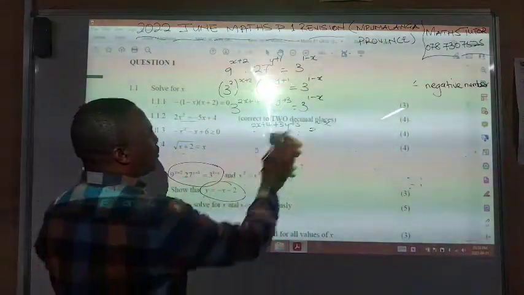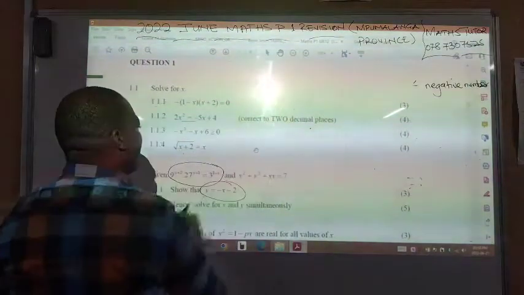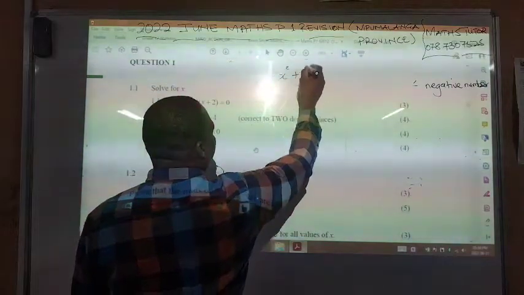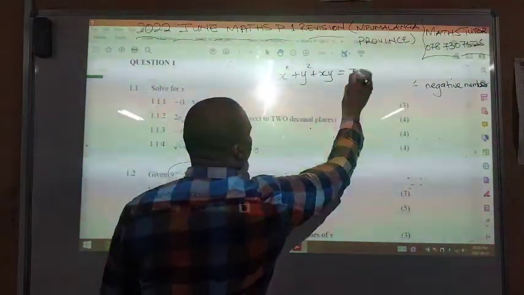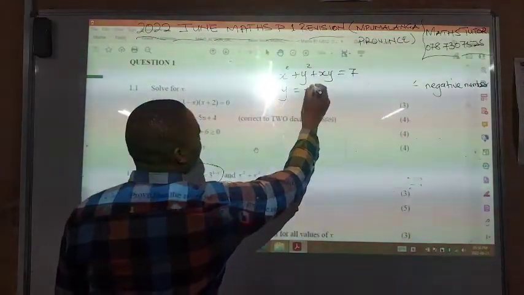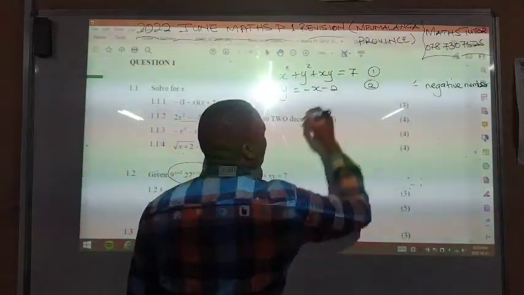So the equations that you are having is now x squared plus y squared plus xy is equal to 7, and y is equal to negative x minus 2. That's equation 1, equation 2.